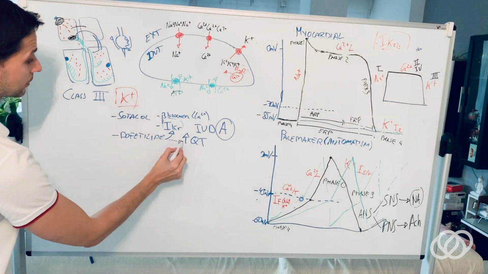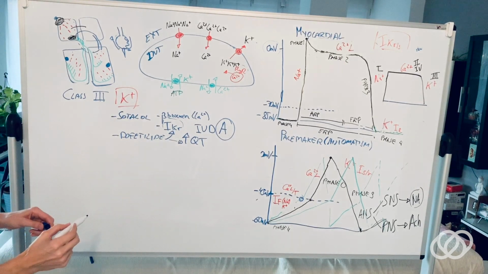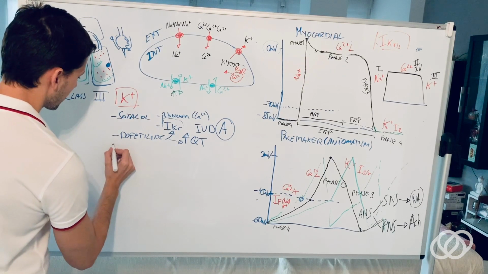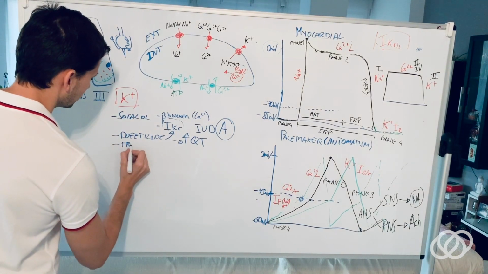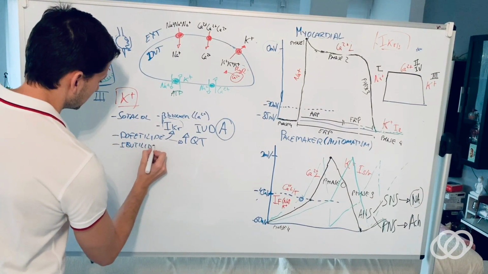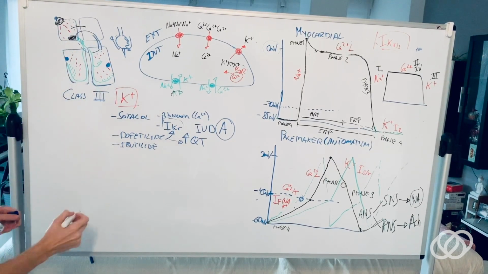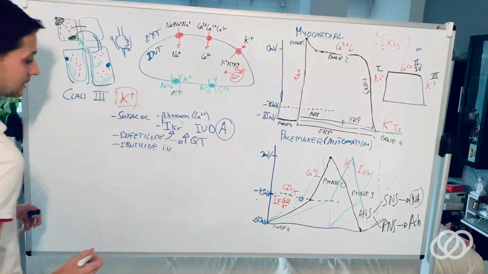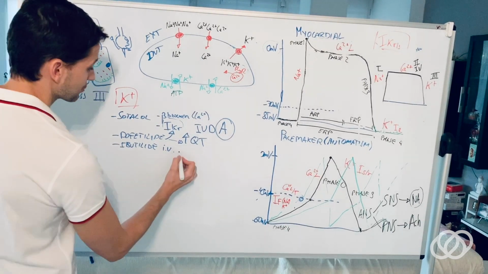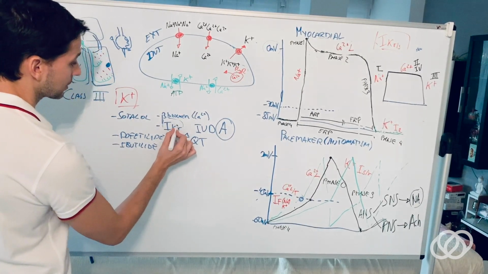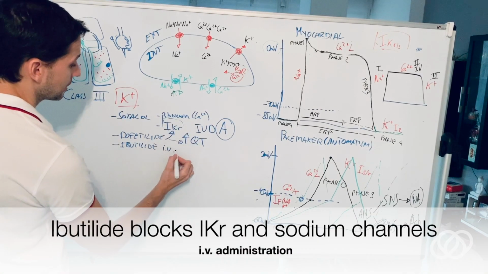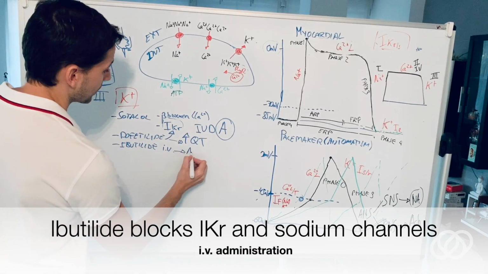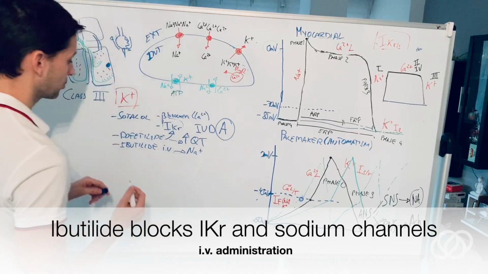We have to monitor the QT interval very often. Then we also have ibutilide, pretty similar to dofetilide, but we give it intravenously, and apart from blocking this potassium channel, it will also block a little bit of the sodium channel.